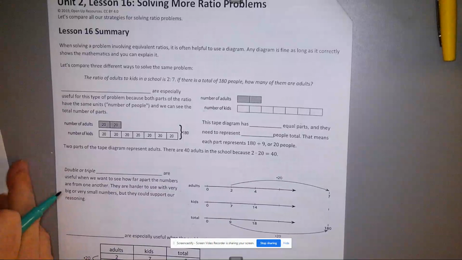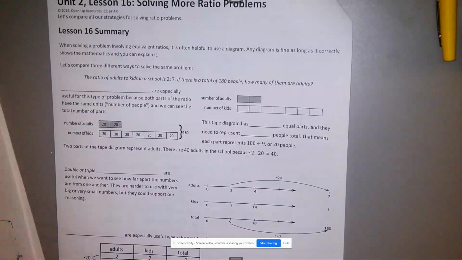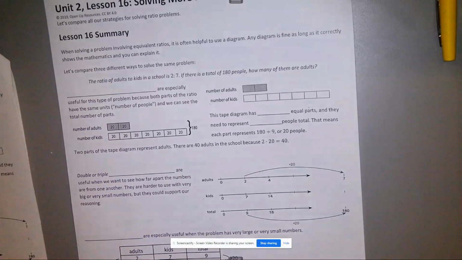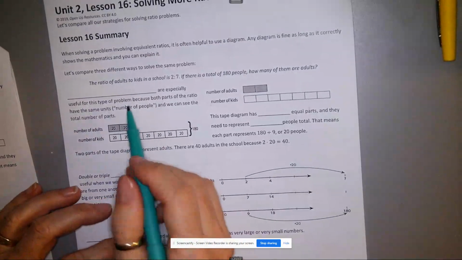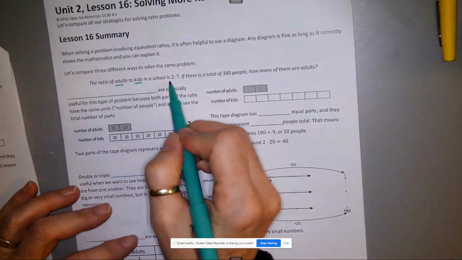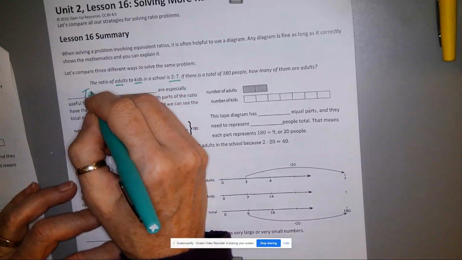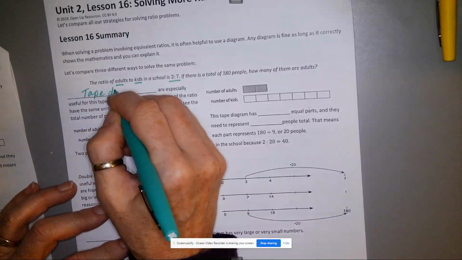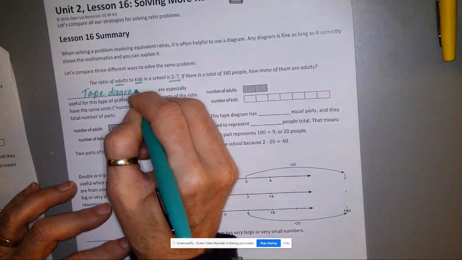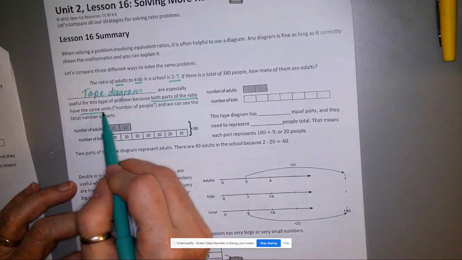And the last page. This is a summary of all the different styles for solving ratio problems. This first one, which was actually the last one we did, we have adults to kids is 2 to 7. We can use a tape diagram because both parts of the ratio have the same unit.